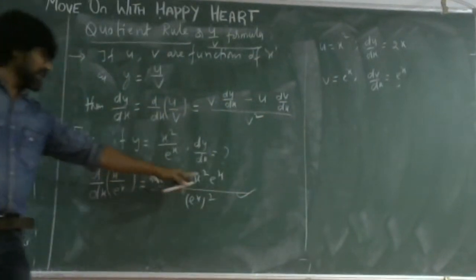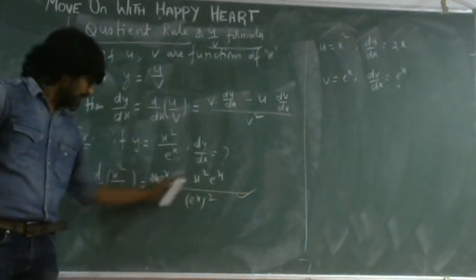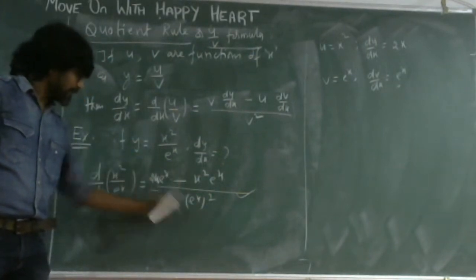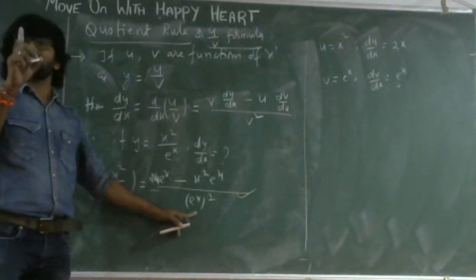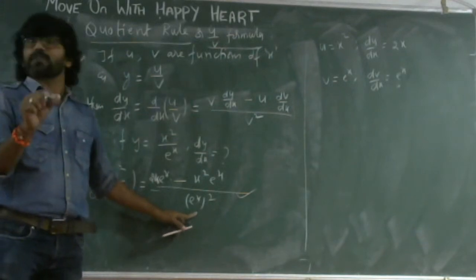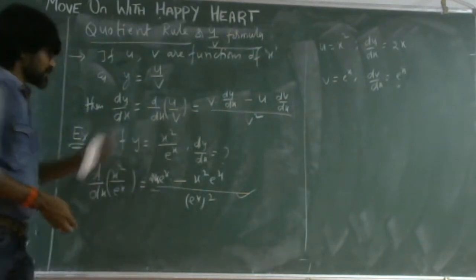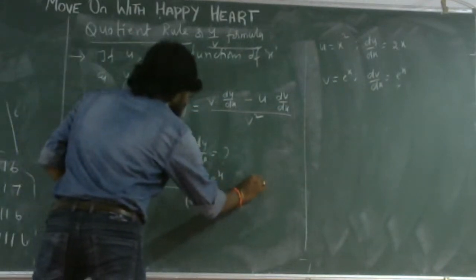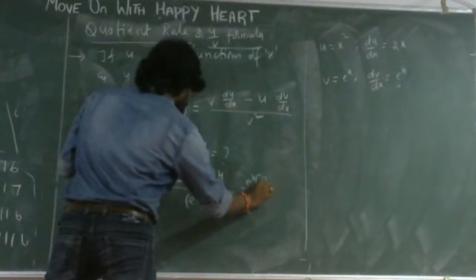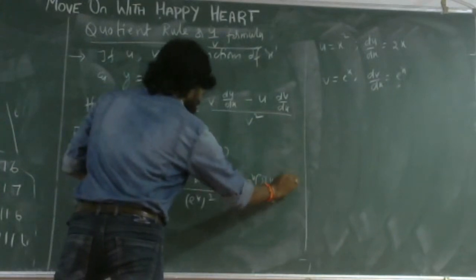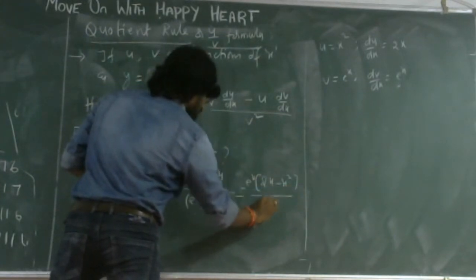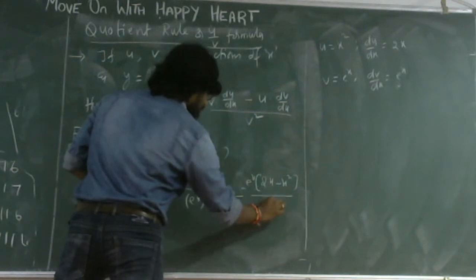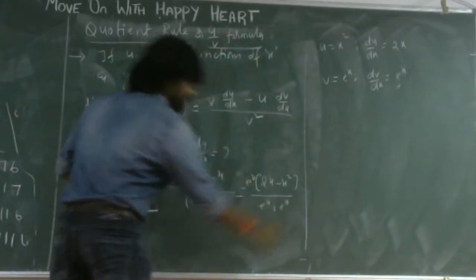Here you can take x square common or e power x common. If you take e power x common, one e power x may get cancelled. So depending on the options, you have to simplify further. This can also be expressed by taking e power x common: 2x minus x square, by e power x whole square, meaning e power x into e power x.